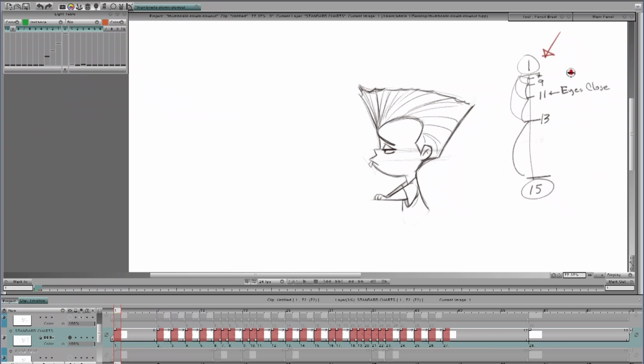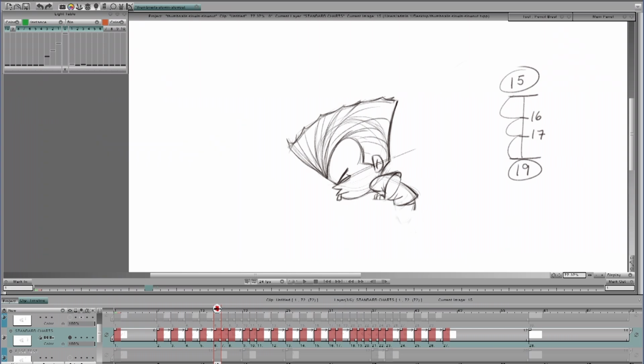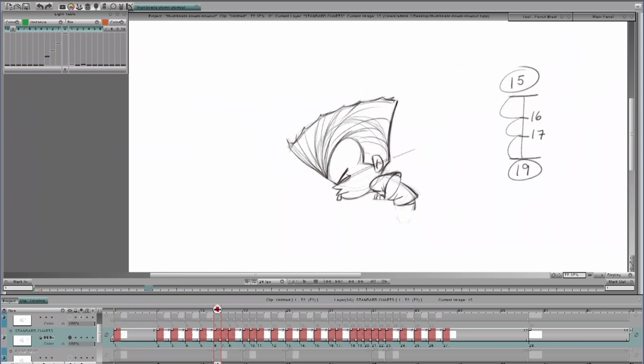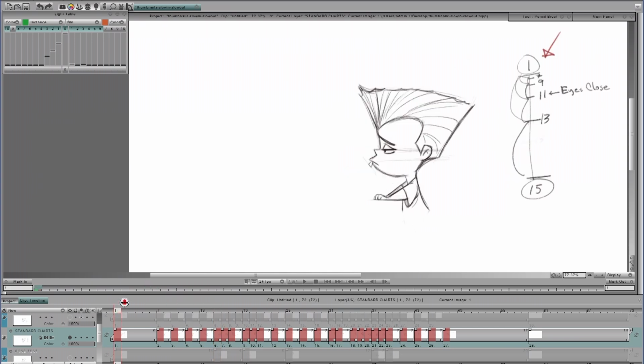This is a classic slow out chart. So we're working from 1 to 15, which is this drawing. 1 to 15. And then I put in a direct in between, which is 13. Loops show it. 11, 9, 7. Drawing 1 is going to be held for 6 frames.